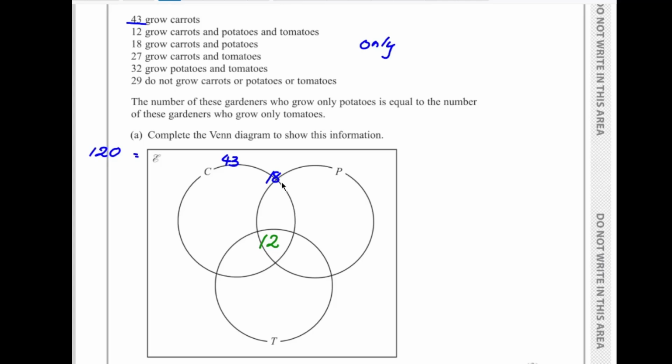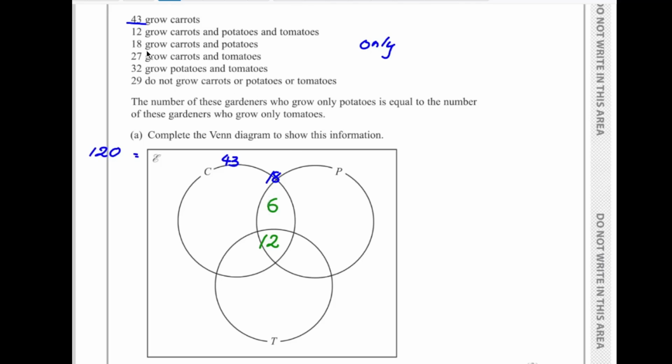We know that this 12 is also embedded in this 18. We need to take away if you want to write it here, because altogether this whole intersection part represents carrot and potatoes. So already we filled here 12, therefore 18 minus 12, which is 6, to be written here. This one would be 6.